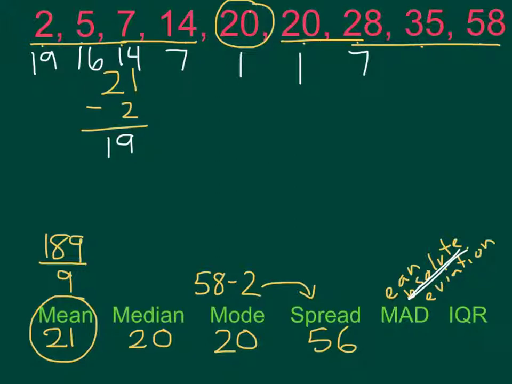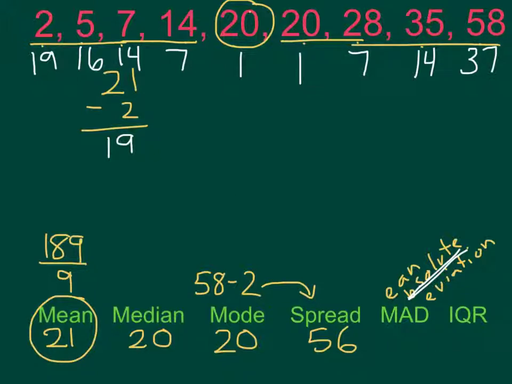So then I take 21 minus 35, which is 14 away, and then 21 minus 58, which is 37 away. Now I have their absolute deviations, so I need to add those together. I take 37 plus 14 plus 7 plus 1 plus 1 plus 7 plus 14 plus 16 plus 19, which gets me a total of 116.